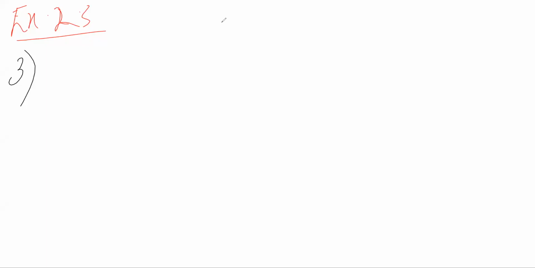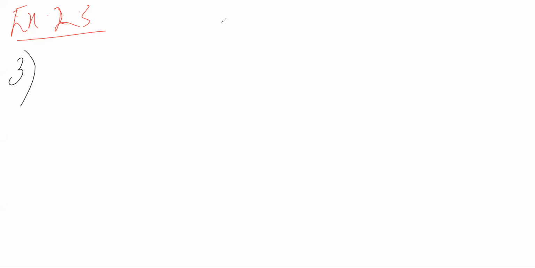Now the third question also you are going to do, and I'll tell you the idea. This question is very similar to example 9. Two zeros are given and you need to find the other zeros of that polynomial.